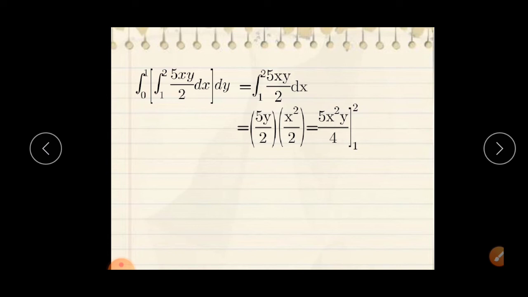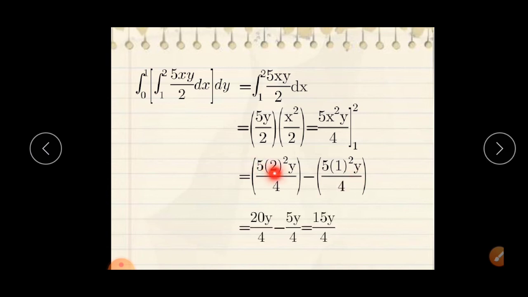We evaluate it from x equals 1 to x equals 2. So we have 5 times 2 squared y over 4 minus 5 times 1 squared y over 4. Simplifying, 5 times 2 squared y over 4 is 20y over 4, minus 5y over 4, which equals 15y over 4.